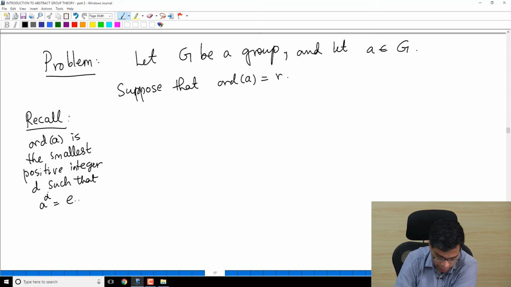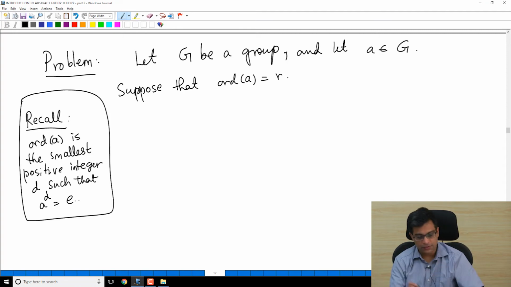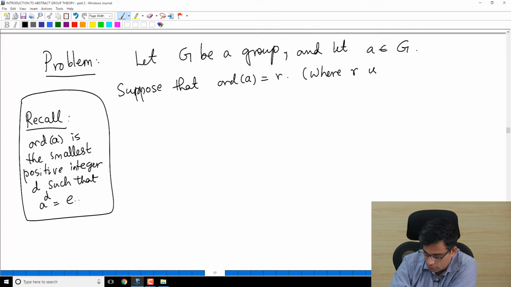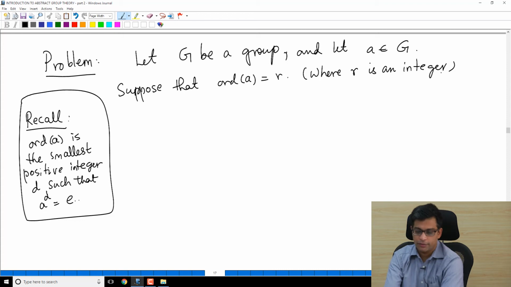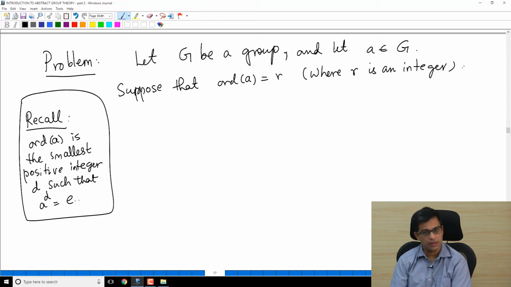A^D is the identity element. This was our original definition of order. It is the smallest positive integer such that A to that power is the identity element. Here I am saying that order of A is some integer R. So obviously it's a positive integer. In other words, I am saying that some positive power of A is identity.